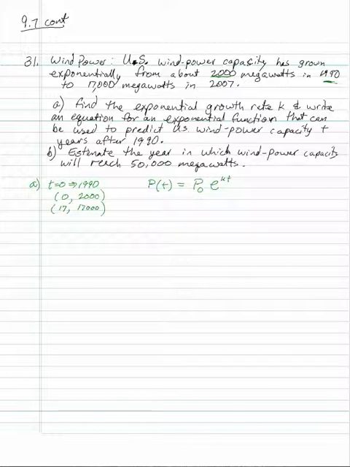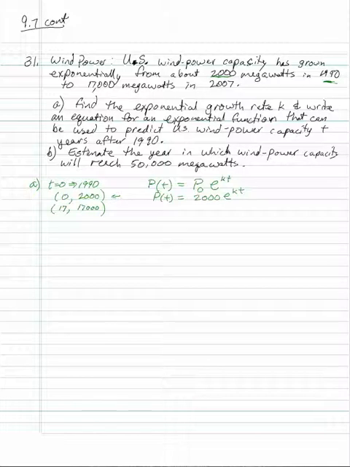Okay, so this first point gives us this formula, P of T is equal to 2000 E to the KT, but we don't know what K is.